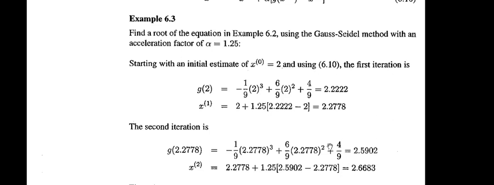The difference of the results of that iteration, 2.59 and 2.27, multiplied by the acceleration factor. 2.66 you have to put for the third iteration.